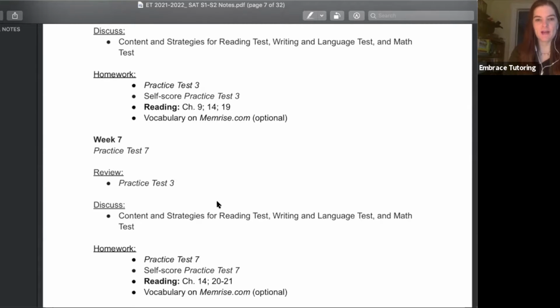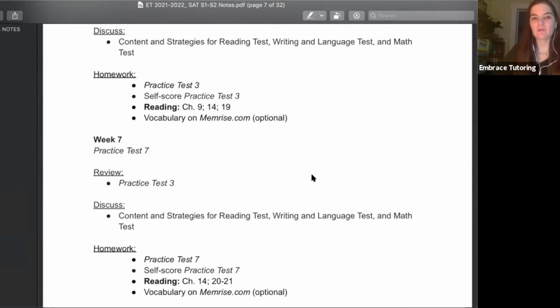Okay, so someone did ask, when do you take the test at the end of this? You need to speak to your school to find out if you're taking the test directly through your school, or if you need to sign up and register independently.